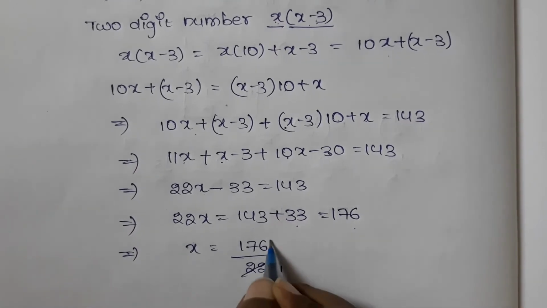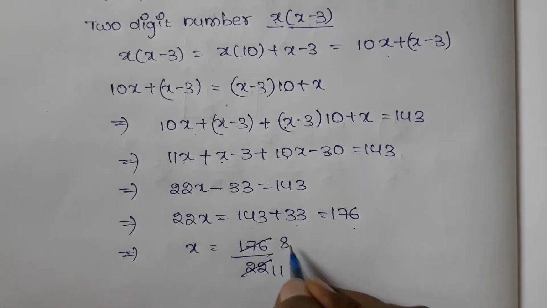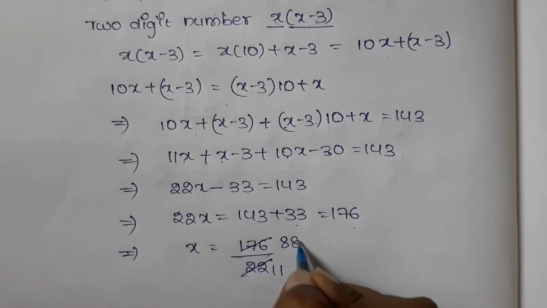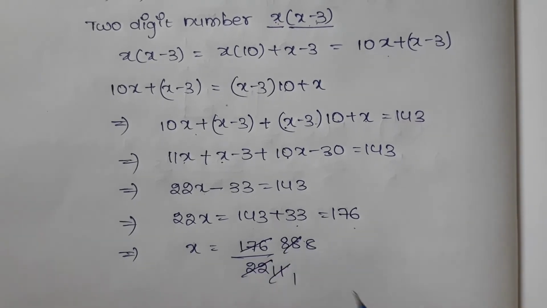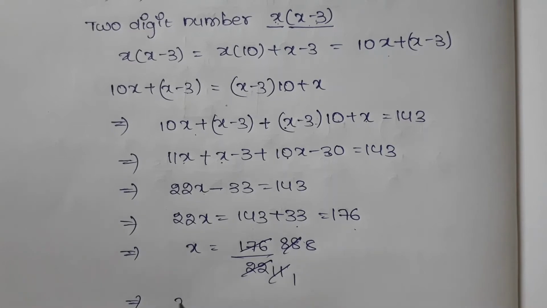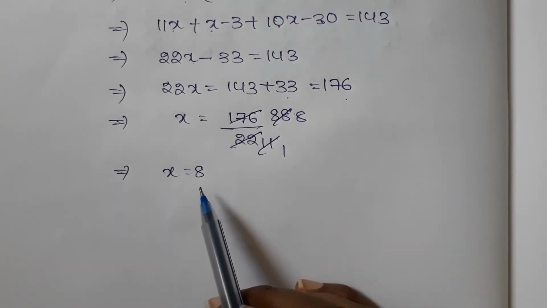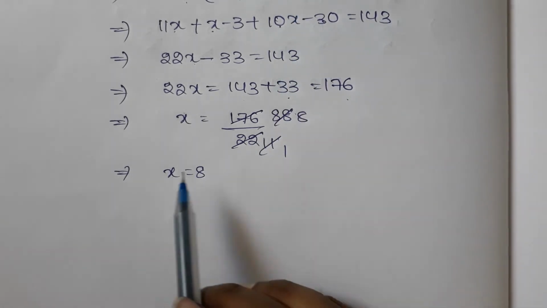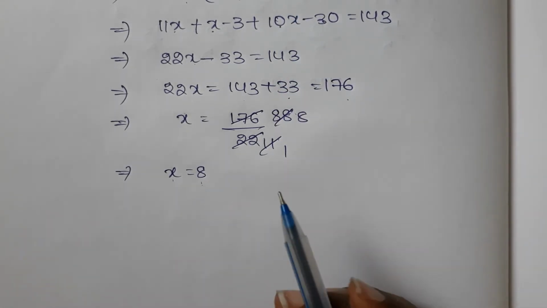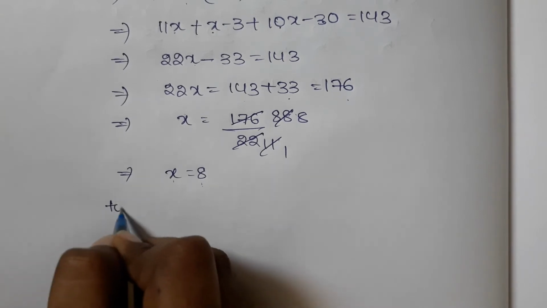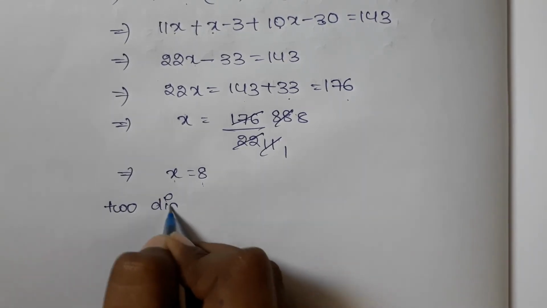2 11s are 22, 2 8s are 16, 11 8s are 88, and x equals 8 is the solution. Now let us find the two-digit number.